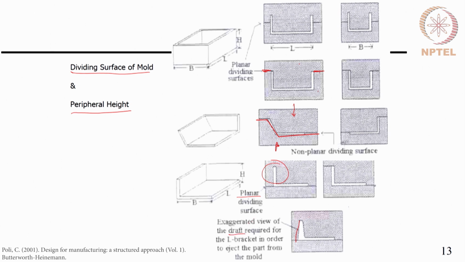So, depending upon the design, if the dividing surface is kept planar, then the cost of making the mold is less, but one has to also take care of the implications of keeping a planar dividing surface. Like in this case, to get this feature, you need to additionally provide a draft so that this component can come out of this mold plate.